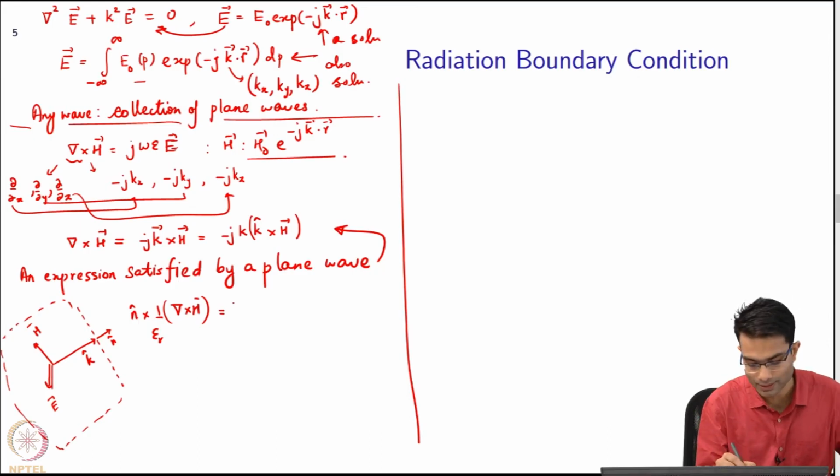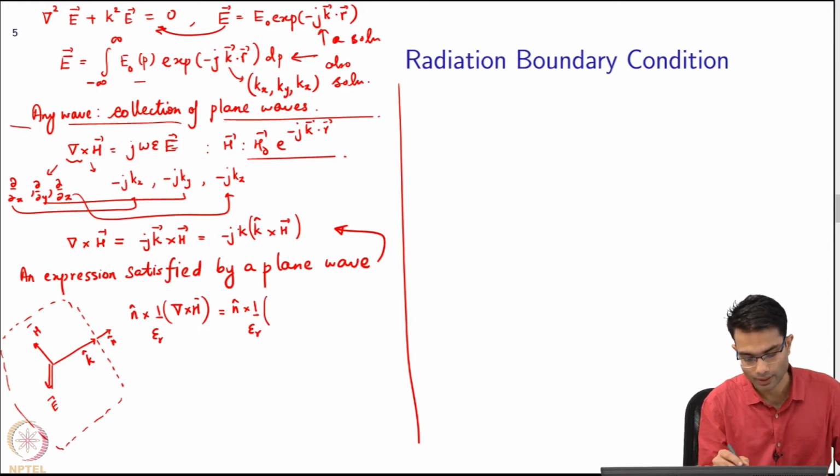What can I write this as? I can write this as n cross 1 by epsilon r, and replace the rest from this guy: minus j k n cross h.